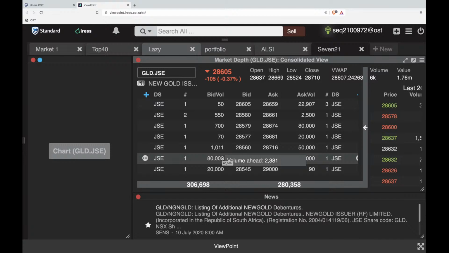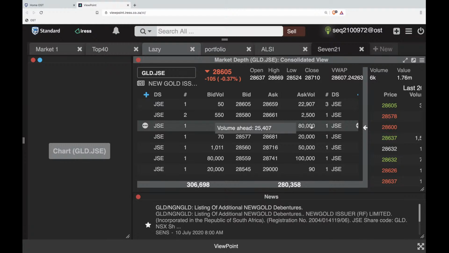Okay, not that giant, 2,381, but at a 285 price. I mean, that's a chunky amount. That's not insignificant. And ditto, where they're on the sell side, there is 25,000 volume ahead of them. Because New Gold is so actively traded, you're going to get a lot of activity happening in between.